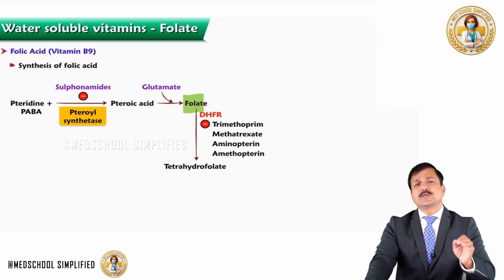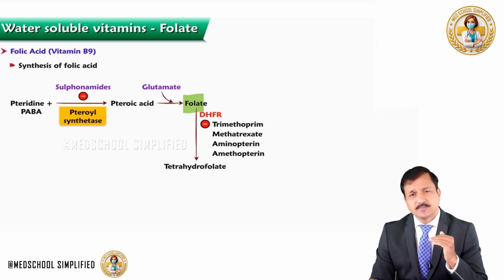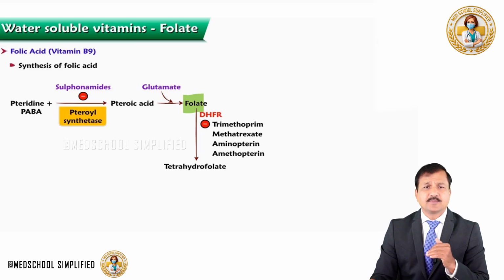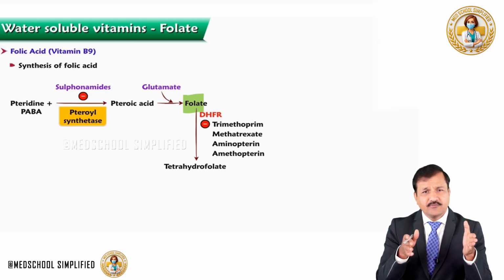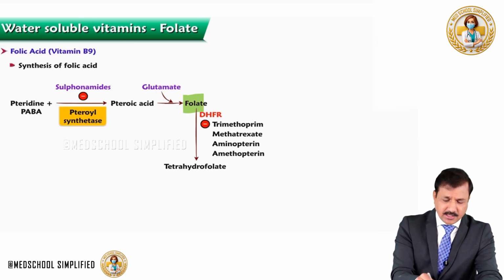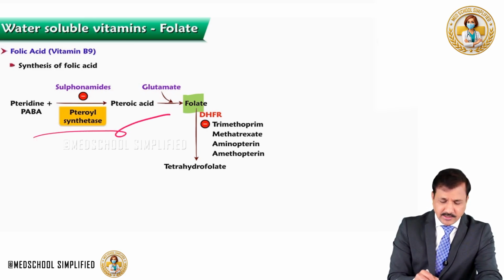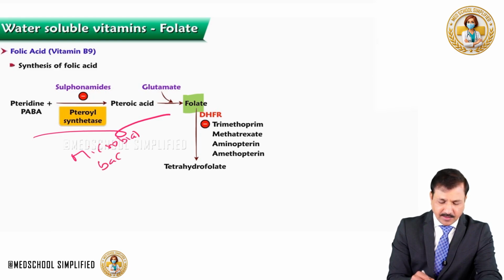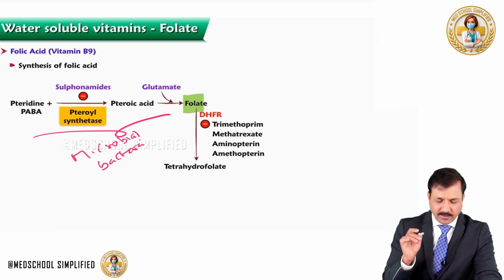Now, what happens to the folate that is made in the cell? Because the first 2 reactions that we are seeing here in this particular slide will be going on in microbial organisms or bacteria. These 2 reactions, pteroate synthetase and formation of folate, will be going on in the bacteria.